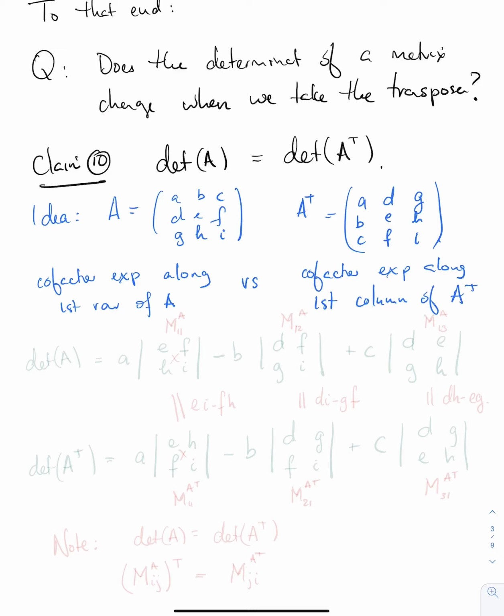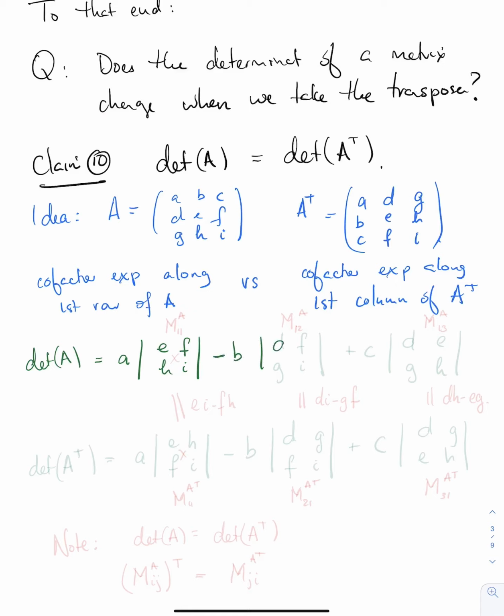Let's do it. The determinant of A going along the first row is going to be A times the determinant of what's left. So E, F, H, I is the matrix that's left when I remove the row and column that A is in.